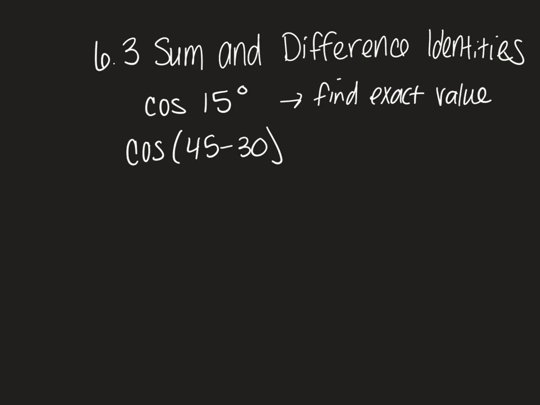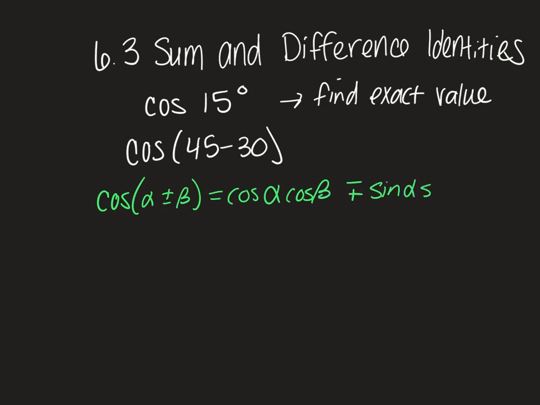So if you look, our sum and difference identity for cosine looks like this. I'm just going to copy it. It says cosine of alpha, and basically the first number is going to be alpha, which is 45, and 30 would be beta.